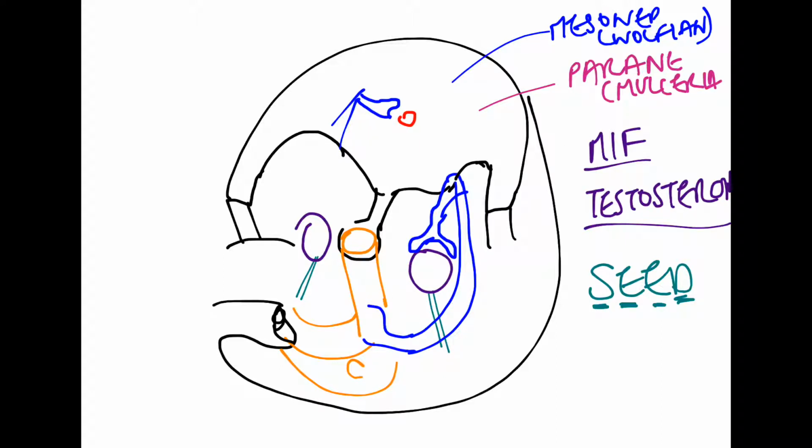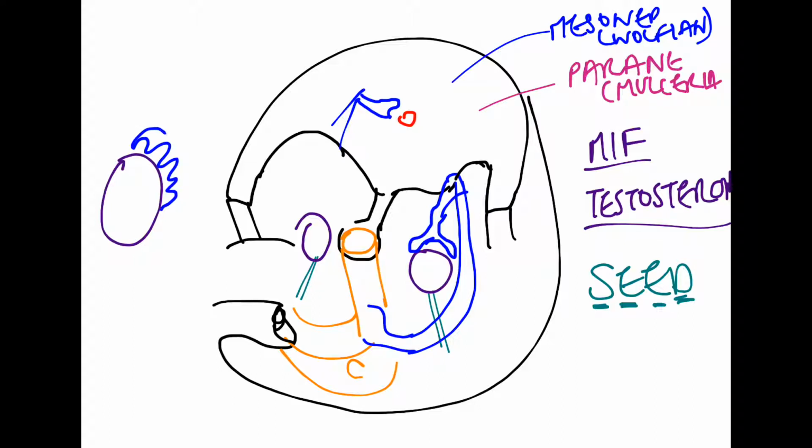Okay, remember I said that the paramesonephros needs to degenerate. Okay, so the paramesonephros degenerates. Now the paramesonephros, let's assume that this is our testes. This is our testes, and you know that on the testes we have our epididymis.